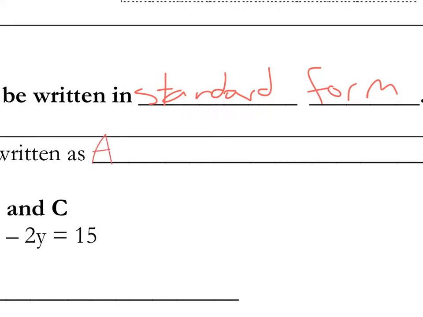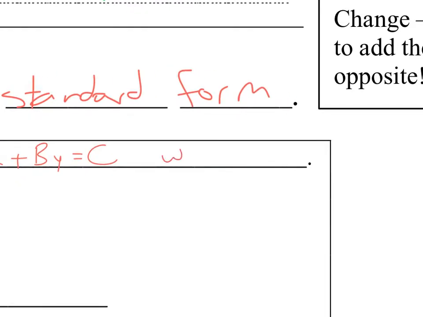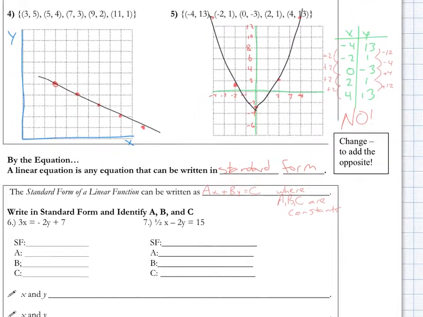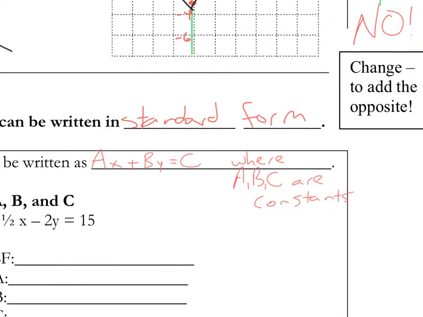There's two variables, just like in all of these, but it would look like ax plus by equals c, where a, b, and c are constants. And constants just means they are numbers. Okay, so if you can rearrange an equation to get in this form, then you'll know you have a linear function.